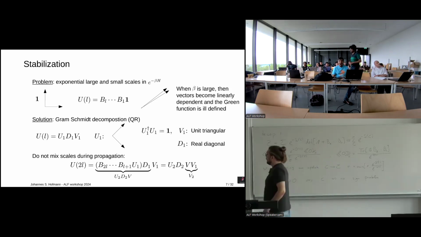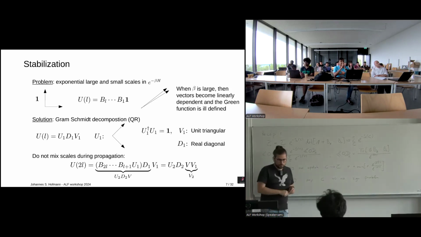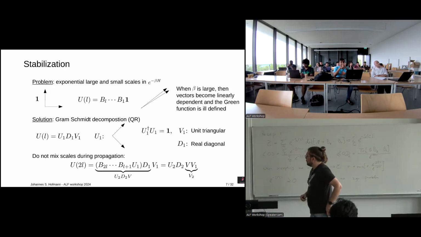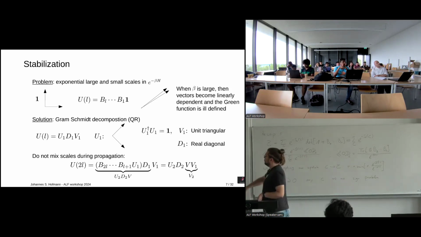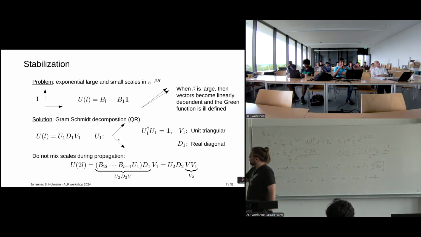The way out of this is to do a Gram-Schmidt decomposition or QR decomposition. The idea here is that you use these Householder reflections where you search for the longest vector, the largest column in your matrix after applying the B matrices, and take this as the first unit vector for your rotated basis.